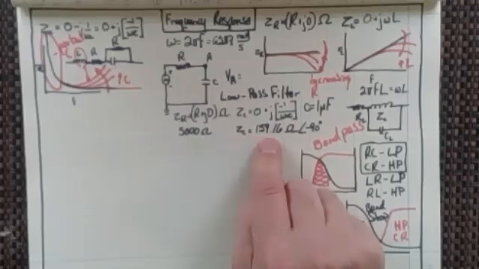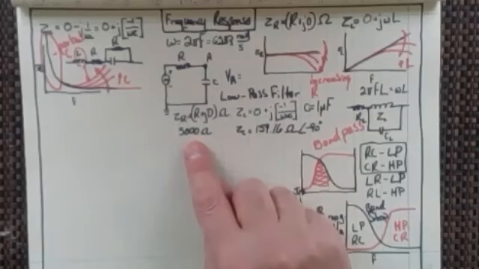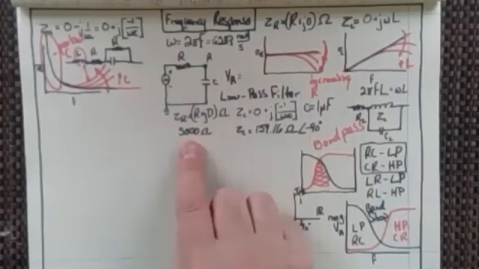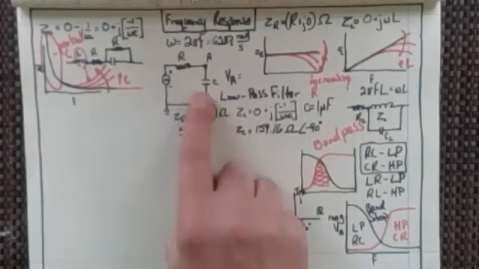That 159.16 squared compared to the 5,000 squared is nothing. So that would still give me the 5,000. So we could say that at 1,000 hertz, we're still going to have predominantly a resistive load in this circuit.